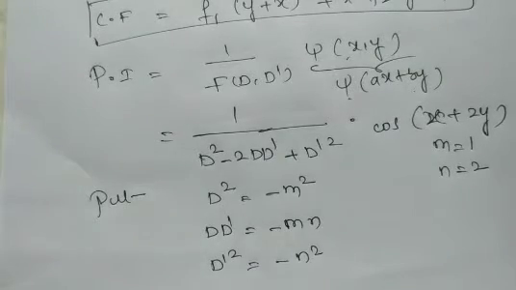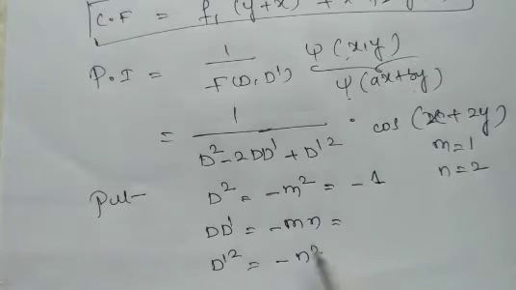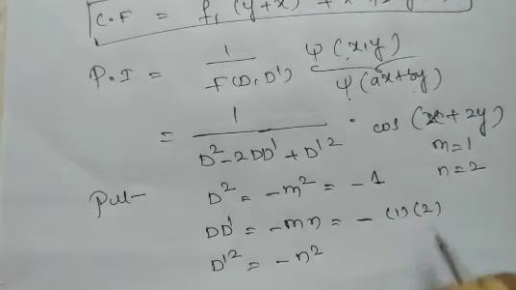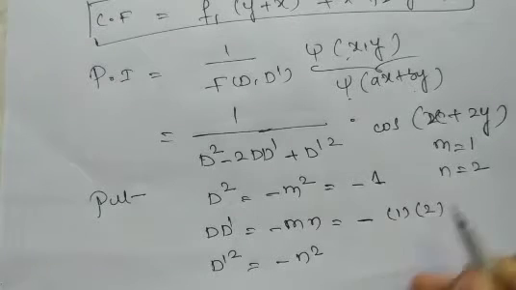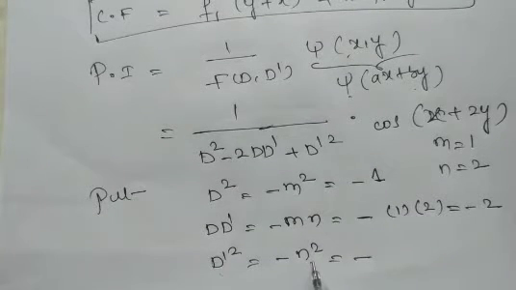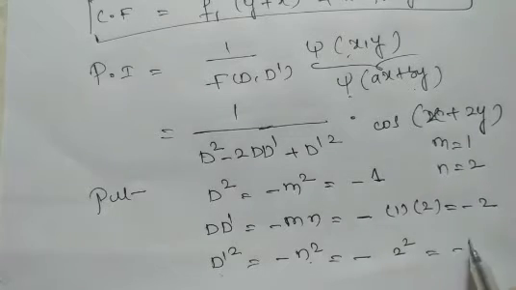Therefore D square equals minus m square, that is minus 1, and DD dash equals minus mn, that is minus of 1 into 2, so minus 2, and D dash square equals minus n square, that is minus 2 square, so minus 4.